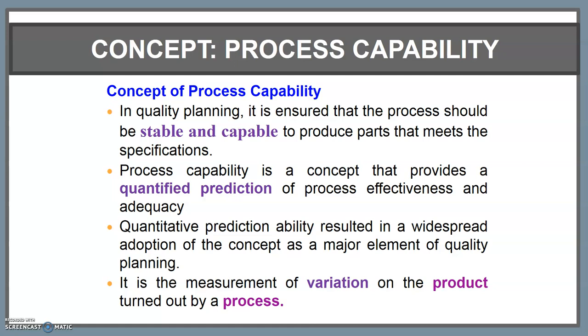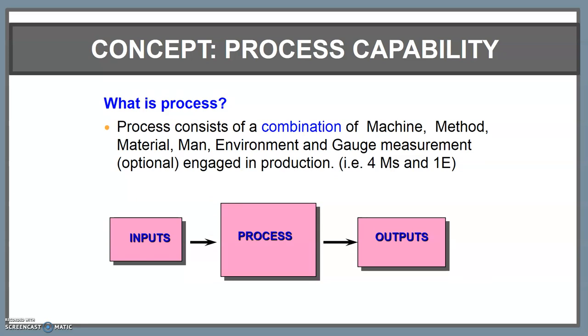So, next, I will discuss the variations in the process. First, what is a process? A process consists of a combination of machine, method, material, man, environment, and measurement. These 4M and 1E are the same as a fishbone diagram as you learned in chapter 8.